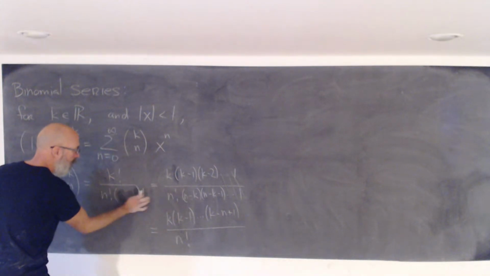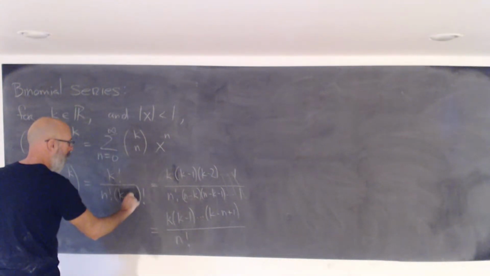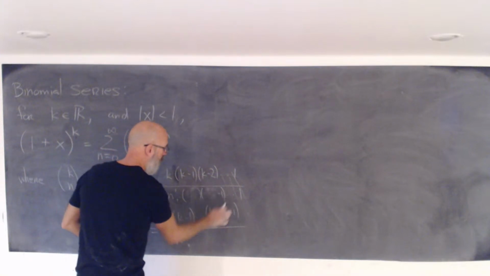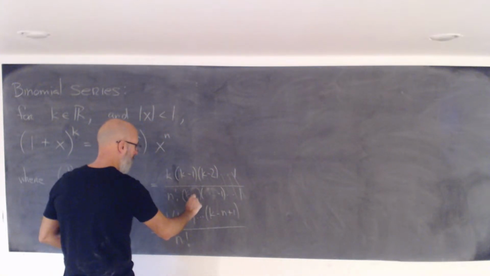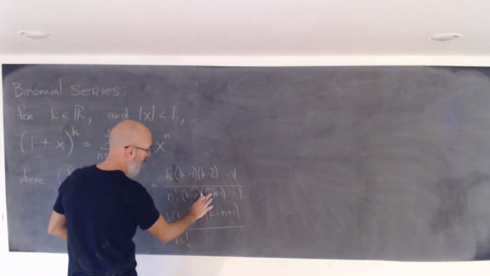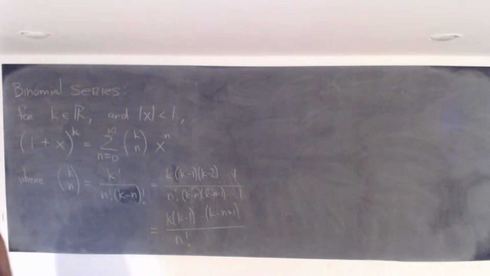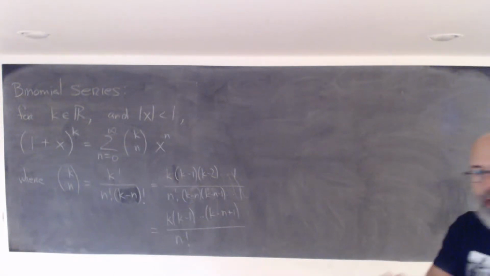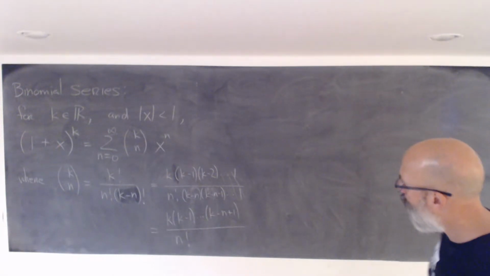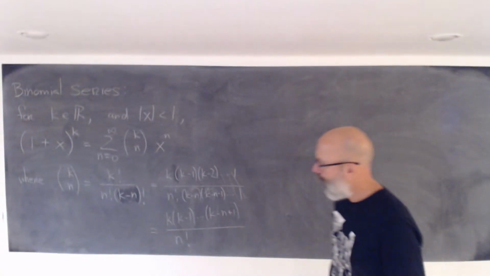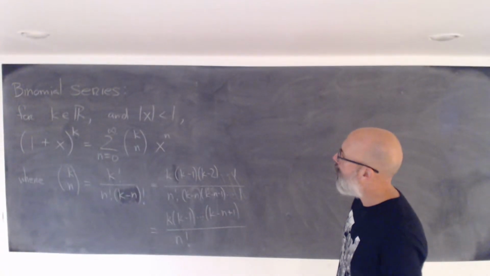This should be k minus n. Absolutely, I've made a huge mistake. This was going to come out in the proof anyways, so it wasn't a big deal, but thank you. We certainly don't want to write anything that's incorrect.